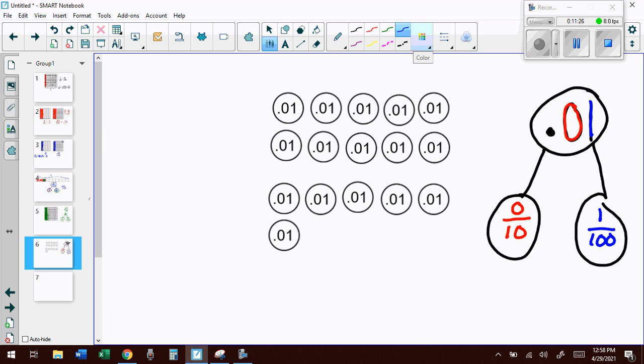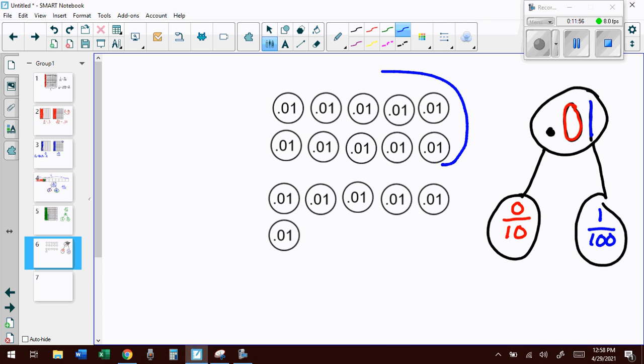We're looking for tenths. I have 1, 2, 3, 4, 5, 6, 7, 8, 9, 10, 11, 12, 13, 14, 15, 16. Or I could count in hundredths. I have 1/100th, 2/100ths, 3/100ths, 4/100ths, 5/100ths, 6/100ths, 7/100ths, 8/100ths, 9/100ths, and 10/100ths.